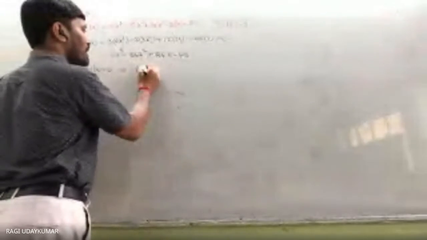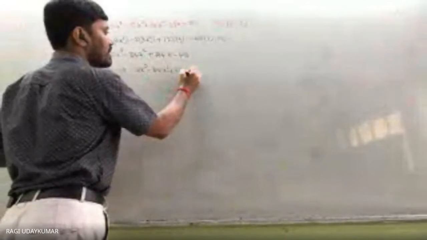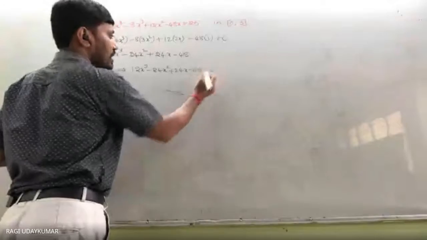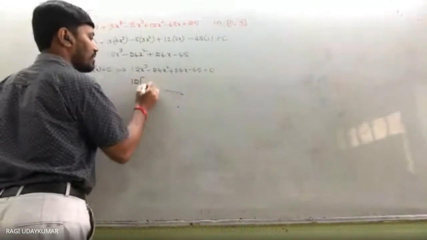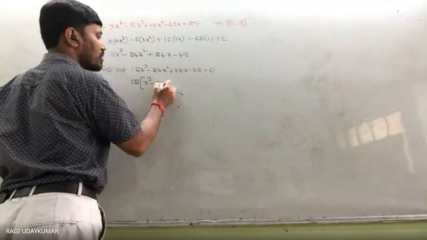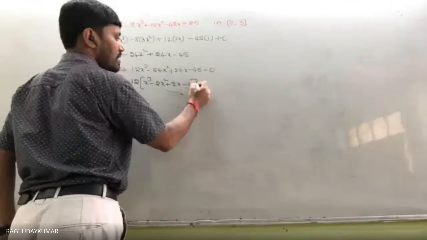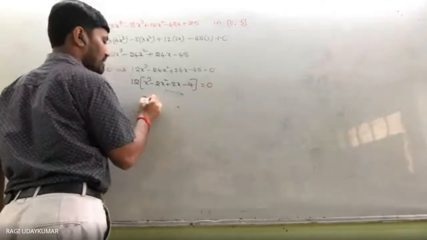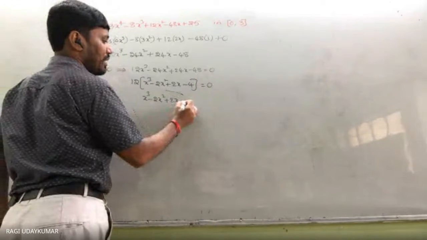So 12x cube minus 24x square plus 24x minus 48 is equal to 0. Now you can take 12 common: x cube minus 2x square plus 2x minus 4 is equal to 0.